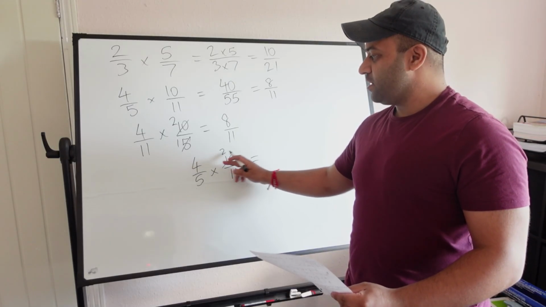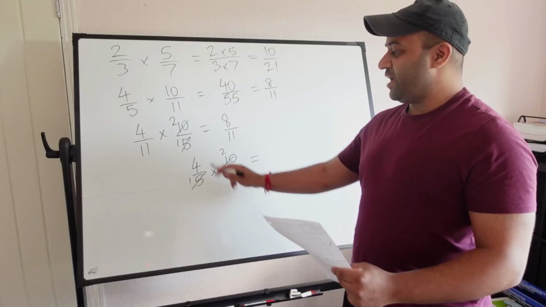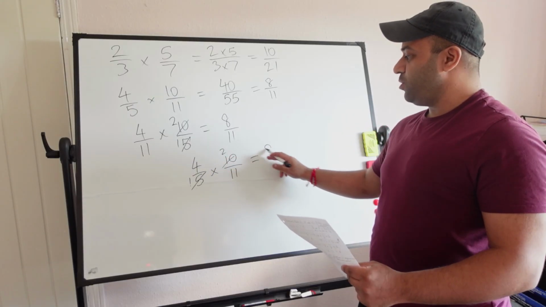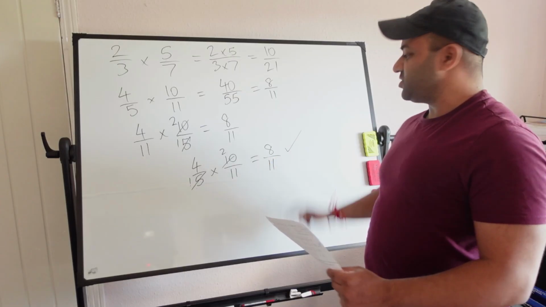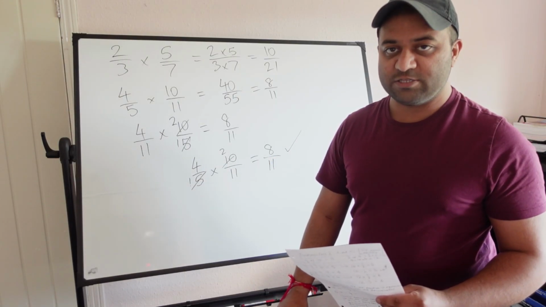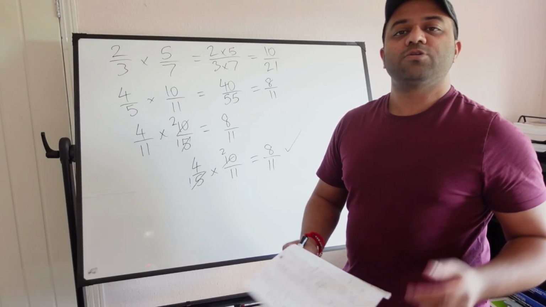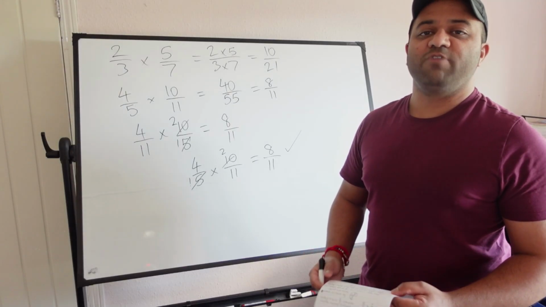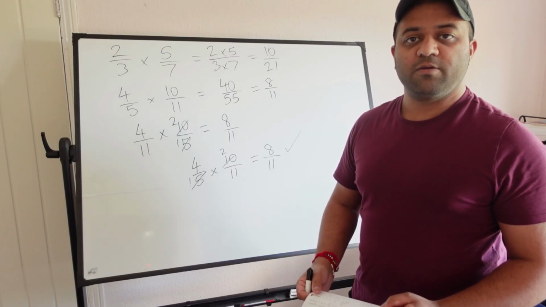This 10 divided by 5 and this 5 divided by 5, which then gives us 4 multiplied by 2 and 1 multiplied by 11, giving us our simplified final answer of 8 over 11. So try this for yourself, and hopefully this will help save a lot of time and effort in multiplying fractions together.